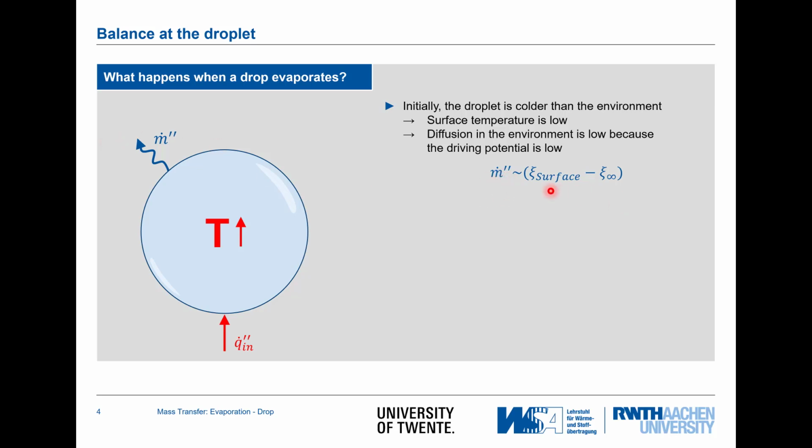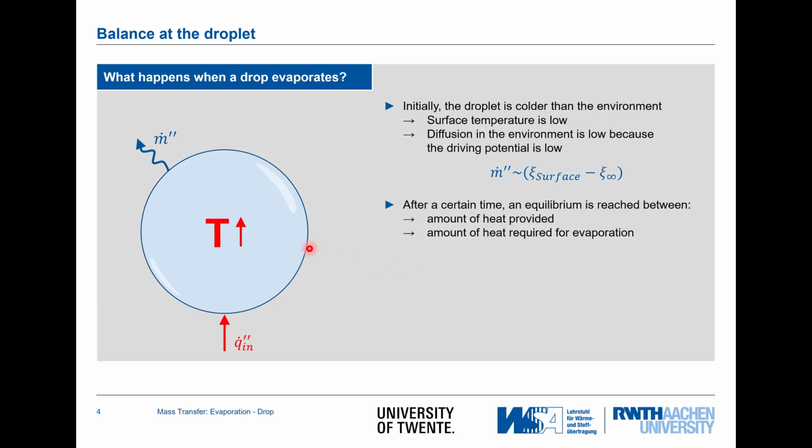The evaporation process is determined between the surface mass fraction and the mass fraction in the environment, and that surface mass fraction is influenced by the temperature of the droplet surface.